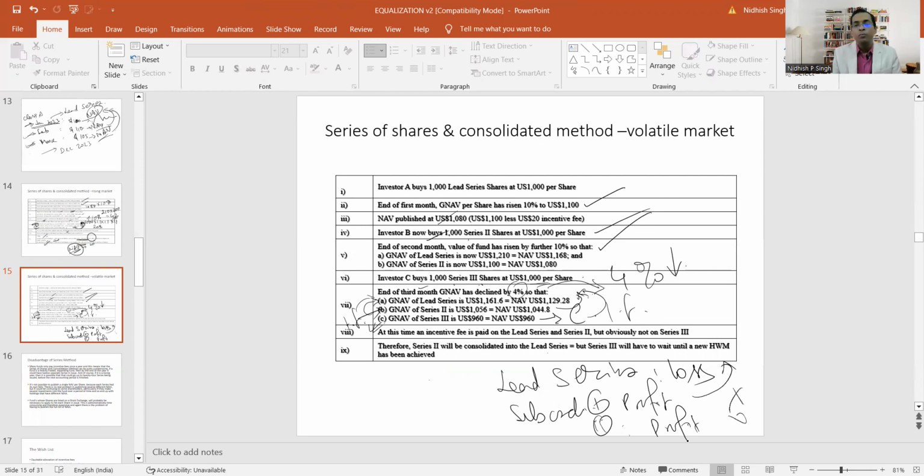And the answer is no. What can happen is subordinate series 2 can merge into another subordinate series, if both are making profit and both have paid incentive fee. But subordinate series will not merge into the lead series if lead series is making a loss.